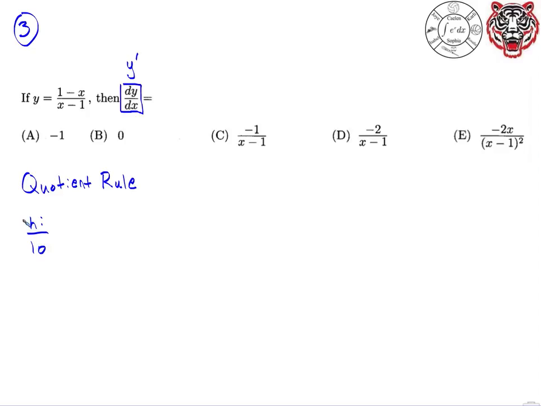So if f of x is equal to high over low, then f prime of x is equal to low d high minus high d low, and then all this over what?